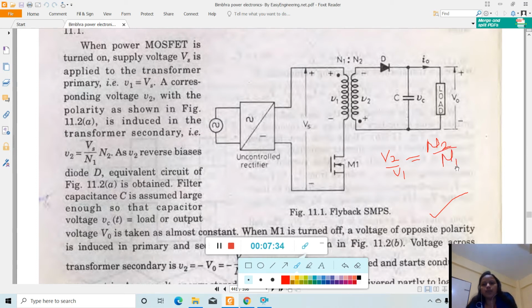So from this, V2 is equal to V1 into N2 by N1. Here V1 is Vs, so V2 is equal to Vs into N2 by N1.